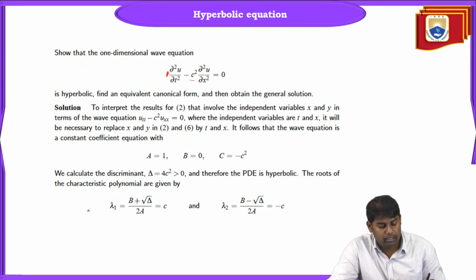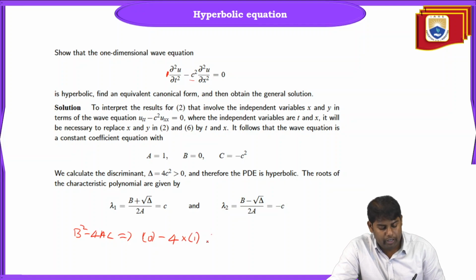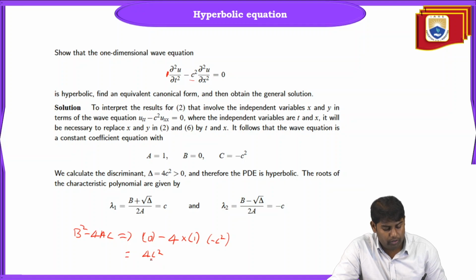So what happens? So b square minus 4ac has turned as b is equal to 0, minus 4 into a as 1 and the c value is minus c square. So which has come as 4c square, okay, which is greater than 0.